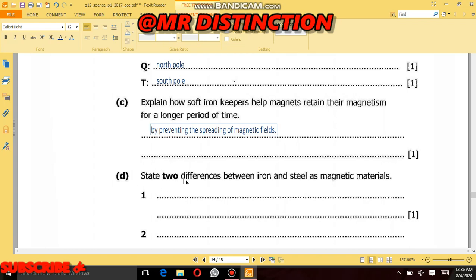Question D: state two differences between iron and steel as magnetic materials. The first answer for this question is that iron is easy to magnetize.